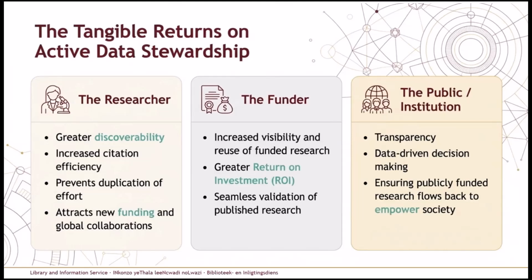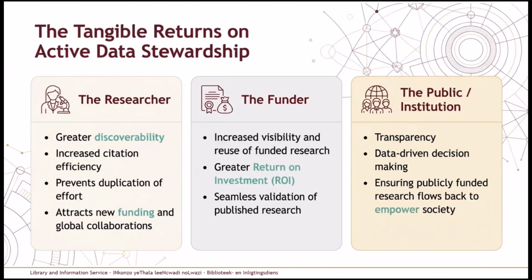For the funder, increased visibility and reuse of that funded research, a greater return on investment, and then the seamless validation of published research as well. That's one of the core elements in terms of why it's so important that the data that's contributed to a research publication must in some way be discoverable, is that for those who wish to replicate or just to ensure that the data is sound, that they have access to it.